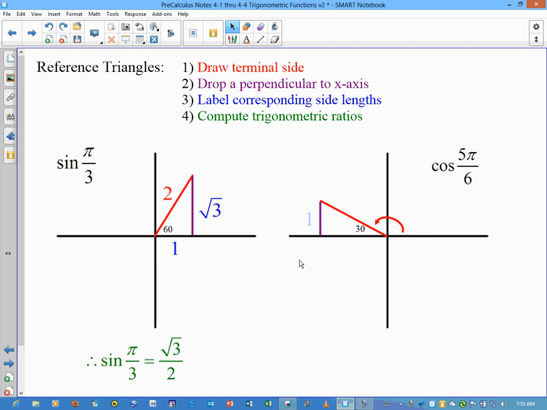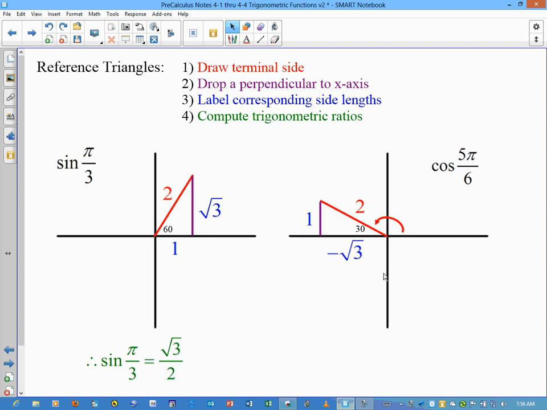So our short side is 1, our hypotenuse is 2, and our long side is going to be negative square root of 3. Because remember, and this is just something to keep in the back of your mind, if you're not in quadrant 1, something's going to be negative. Since these are x and y values, we have a negative x and a positive y, which puts us into this quadrant. That's why I have a negative square root of 3.